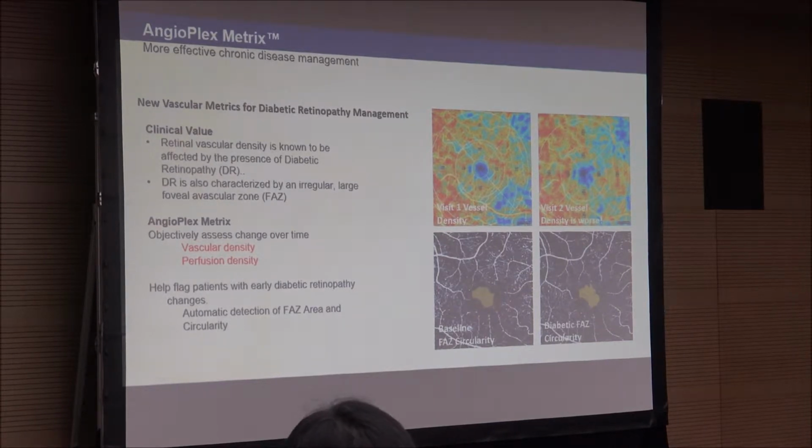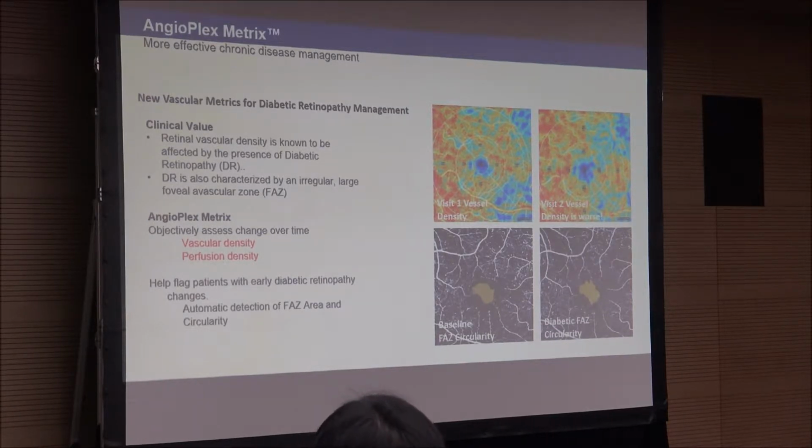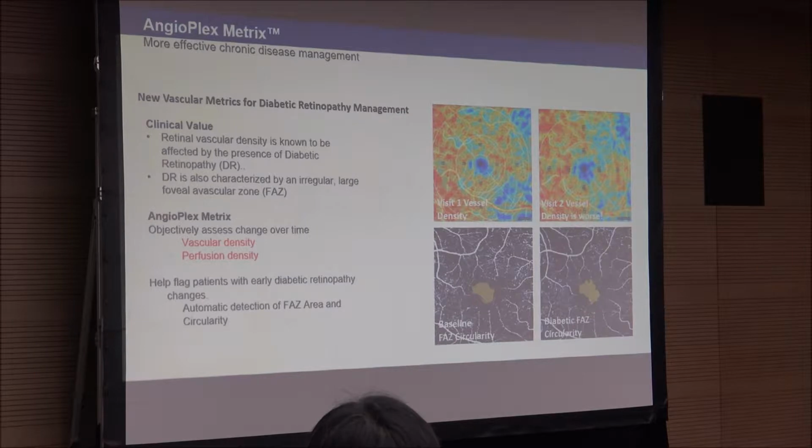And the most important point in the Angioplex Metrix is that you can quantify the same patient in the follow-up. So basically, the Angioplex Metrix can precisely co-register the follow-up scans with the initial scans. And this is automatic co-registration by the machine, which is important for comparison or to monitor the progress of the treatment and of the disease.